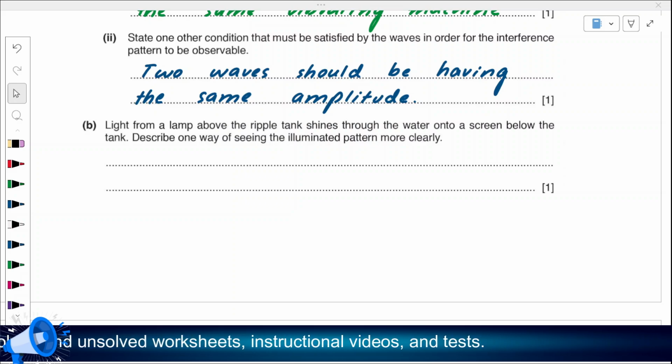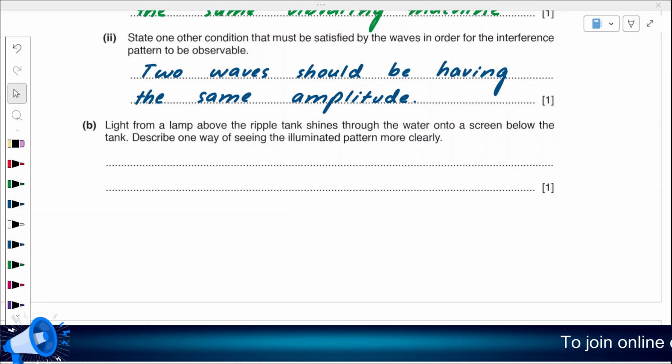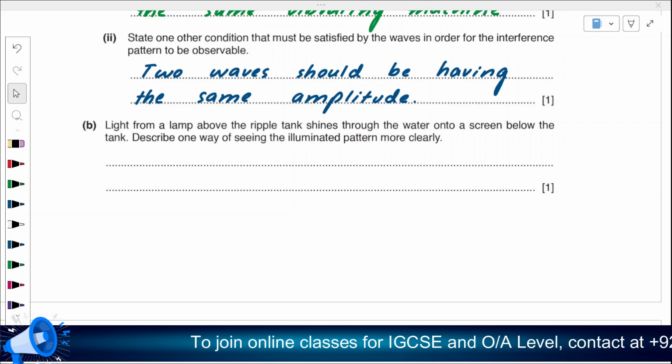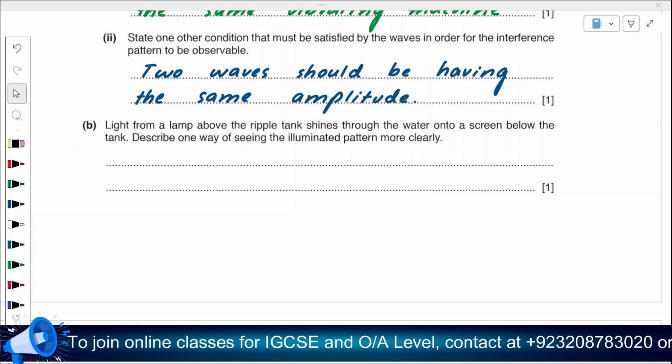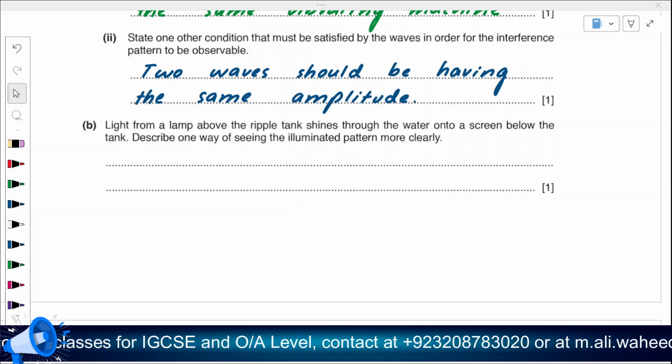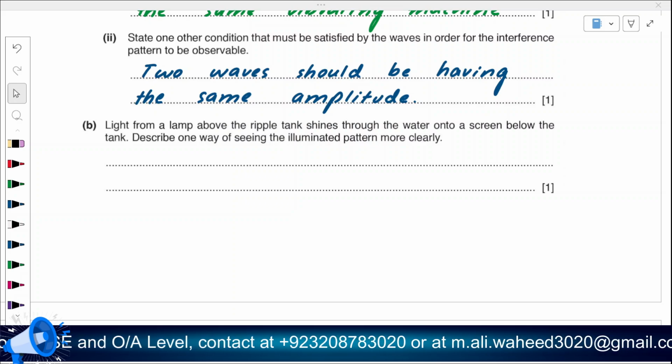And we also have an instrument which is known as a stroboscope. It is the instrument which emits flashing lights at specific intervals, which are used to capture snapshots of the pattern.